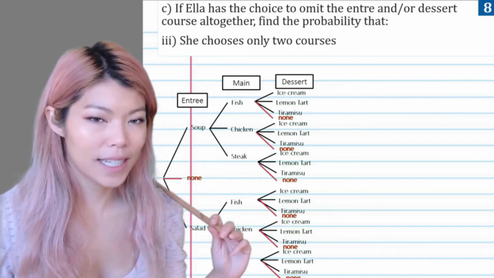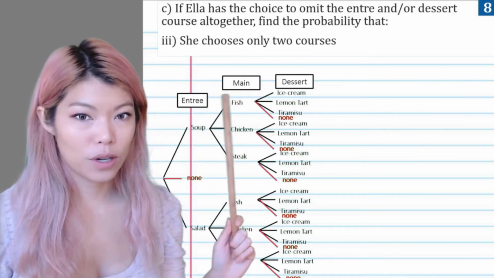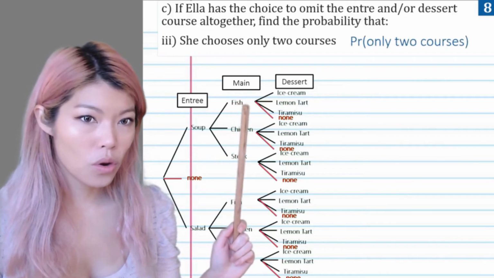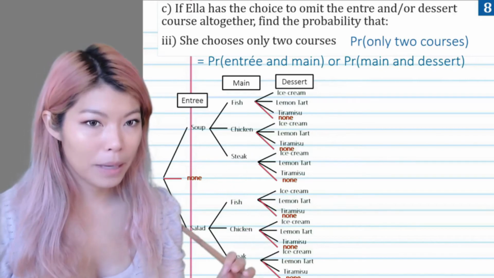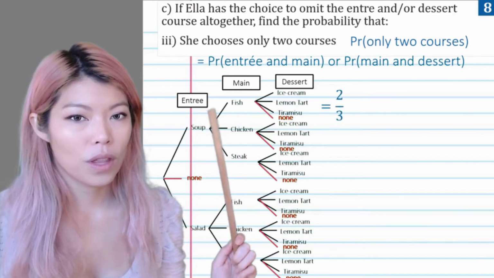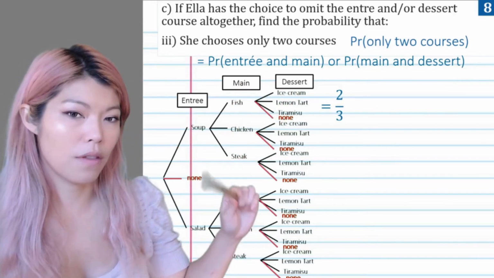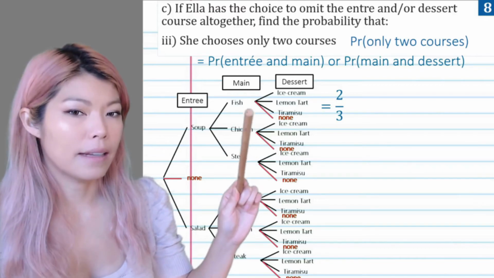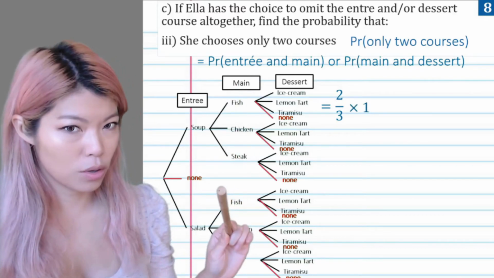So let's translate that. What does 2 courses mean? It means that she can have the entree and the main, or she has the main and the dessert. So or means plus in probability, and and means times. So with entree and main, it means she can have the soup or salad, so 2 out of her 3 choices, and main, so times 1 because she can choose 3 out of 3 choices for main.